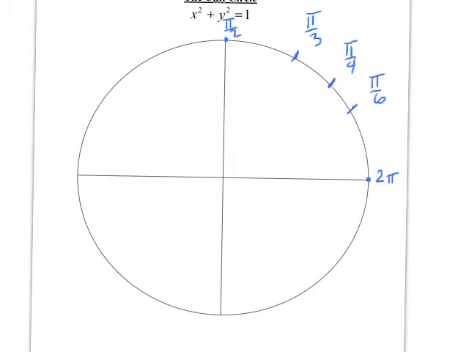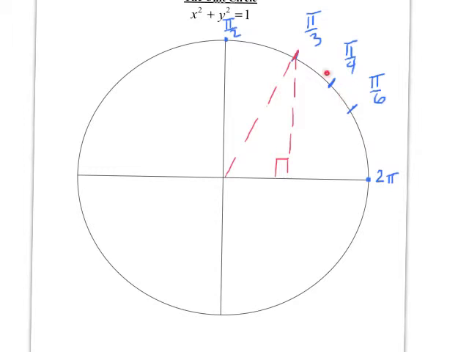Okay, so let's talk pi over 3s. So if here's our pi over 3 up on top, let's draw our triangle. Okay, so let's try and figure out that central angle, this angle here.